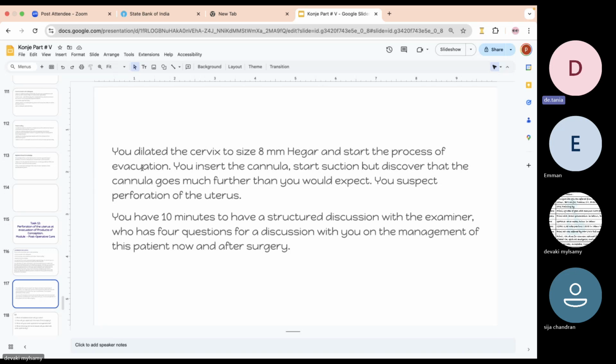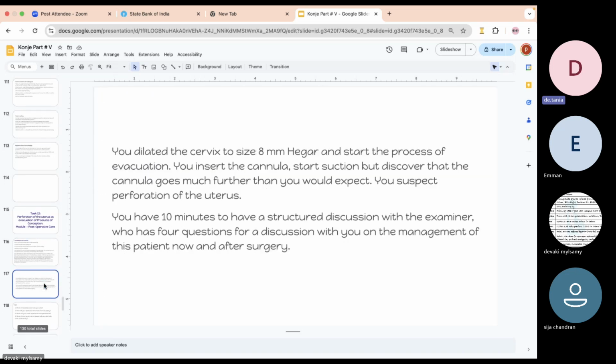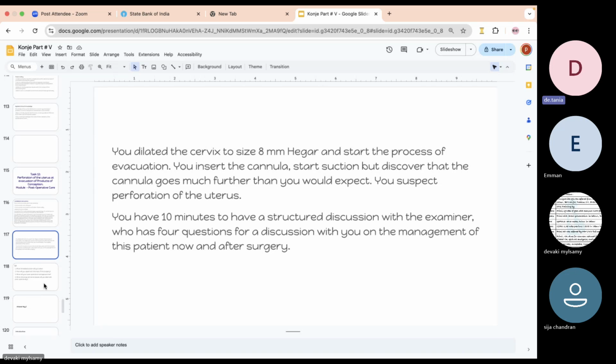This cannula can be used around the tip to dilate the cervix. In that way, we can prevent injury or perforation to the cervix or the body of the uterus. So this is the learning point, and I can give it in my reflective discussion on the e-portfolio.